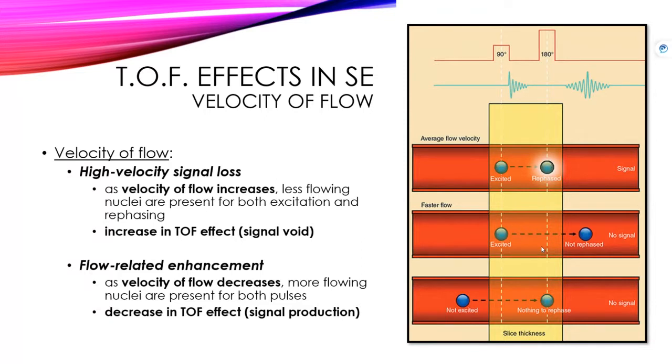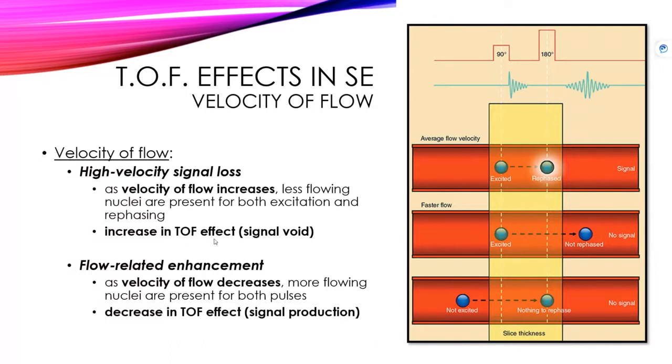It's not going to get both of those pulses. So as the velocity of flow increases, there's an increase in the time of flight effect. Remember, the time of flight effect in spin echo is a signal void. So the faster the velocity of flow, the more signal void you're going to have, the more time of flight effect you're going to see.